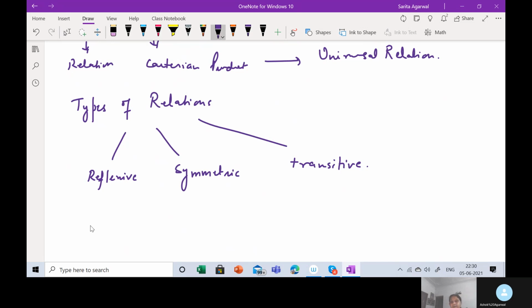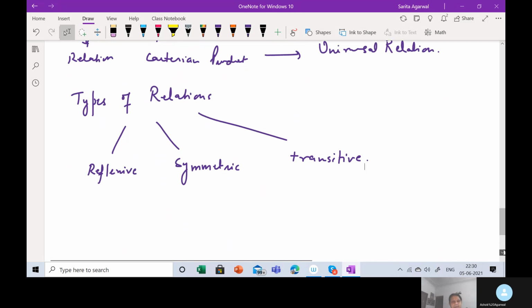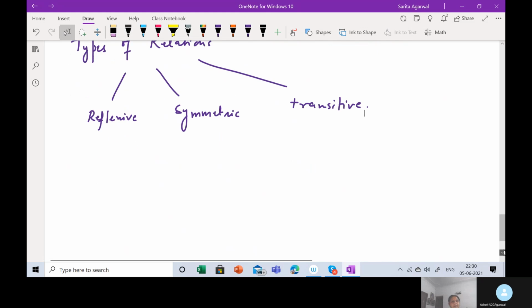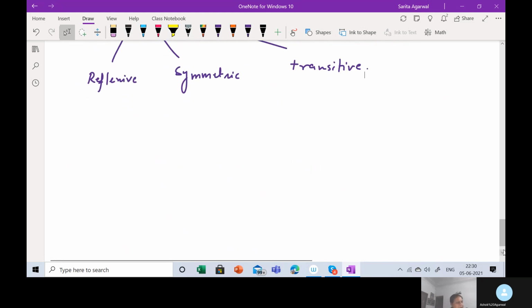What is reflexive? For that, firstly we define it in a proper way: let R be a relation on a set A.